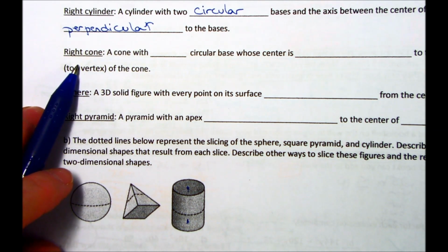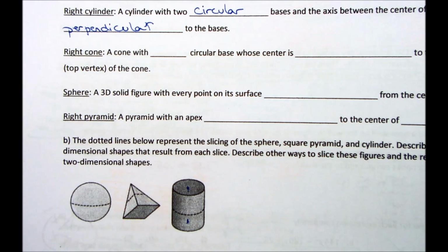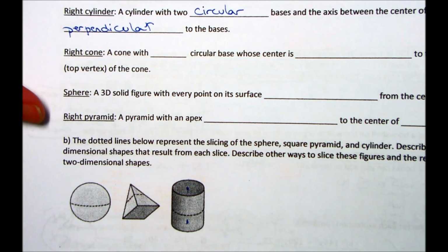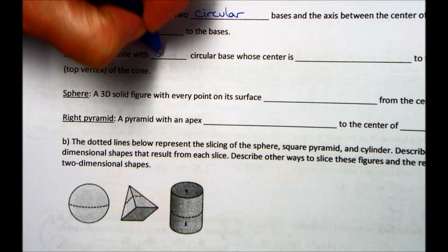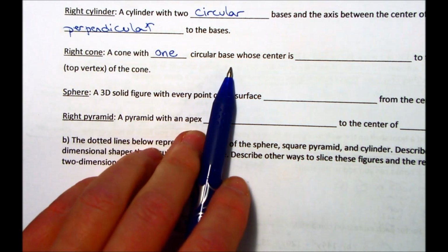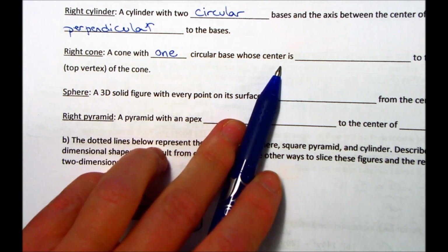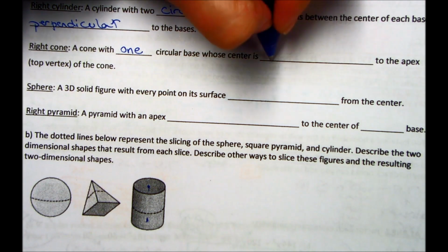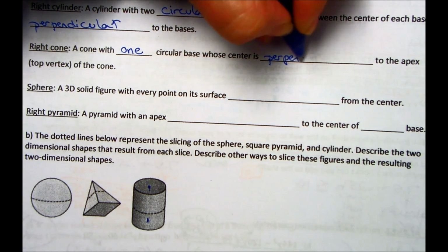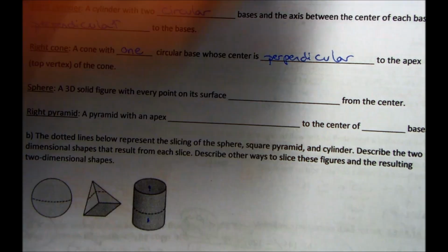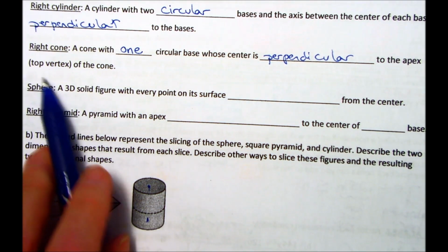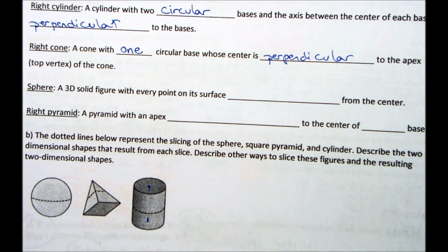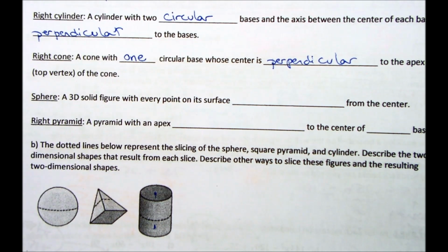Okay, a right cone. So a right cone is a cone with one circular base whose center is perpendicular to the apex, which is the top vertex of the cone. I don't necessarily have a picture of a cone offhand to show you.